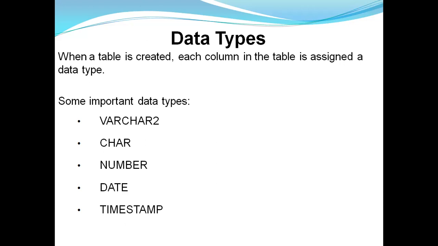Simple. So three major types of data we are using. या तो numbers हो सकते हैं, या characters हो सकते हैं, या फिर date या time हो सकते हैं. So that's why we have VARCHAR2 or VARCHAR, Char, number, date, or timestamp.